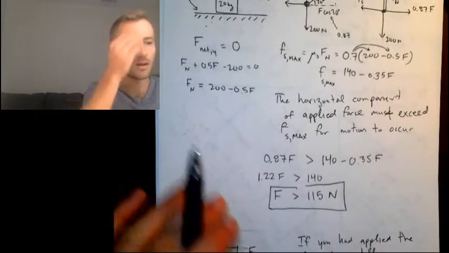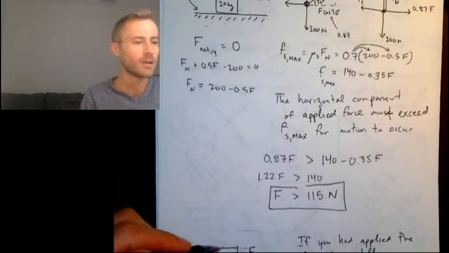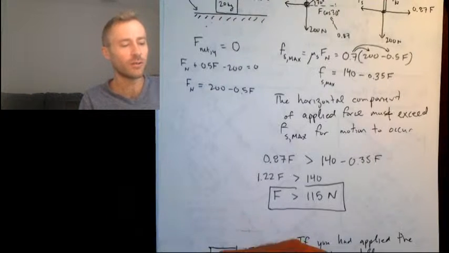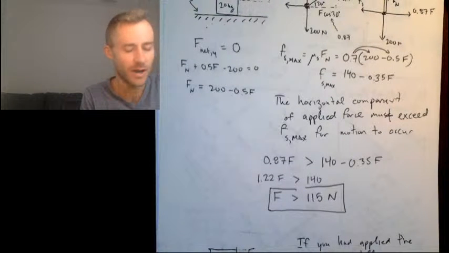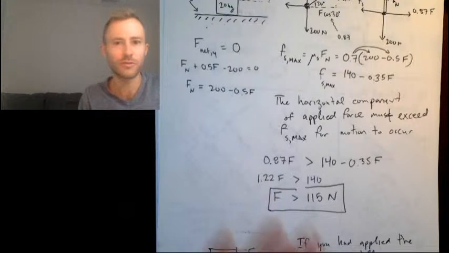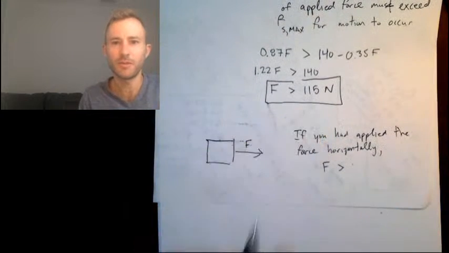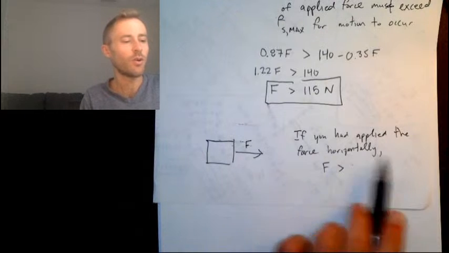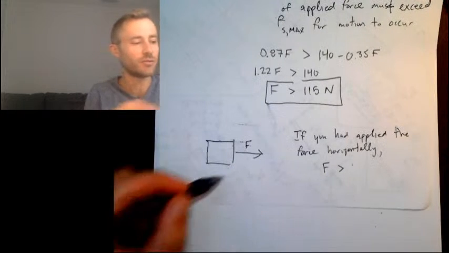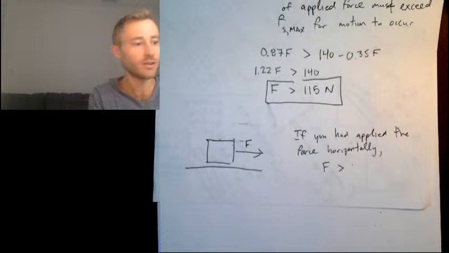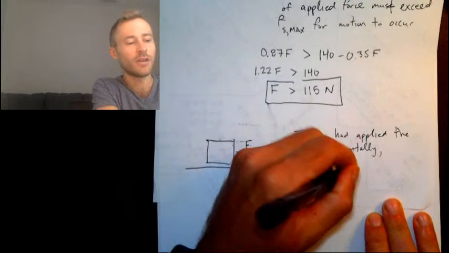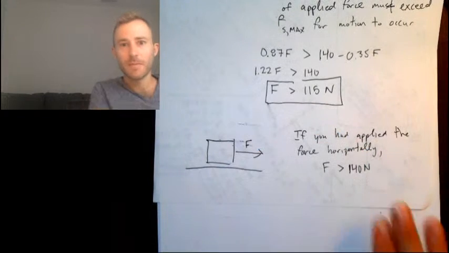Okay? So in this case, the horizontal force would have to be greater than, let me just calculate it really fast. If you had applied the force horizontally in the same scenario, instead of at an angle, the force would have to be greater than 140 newtons.